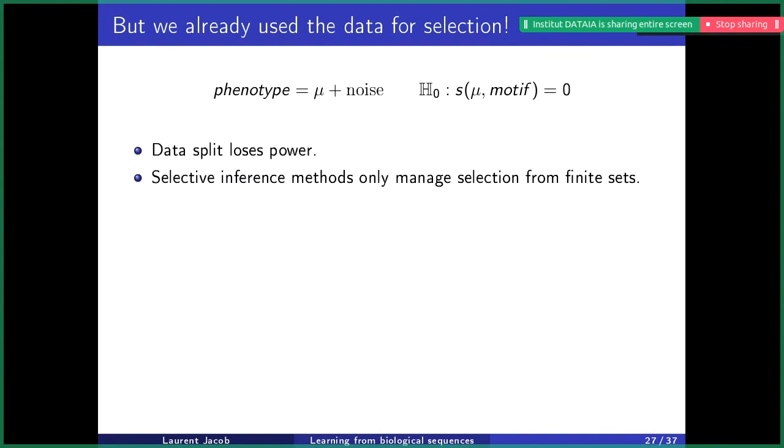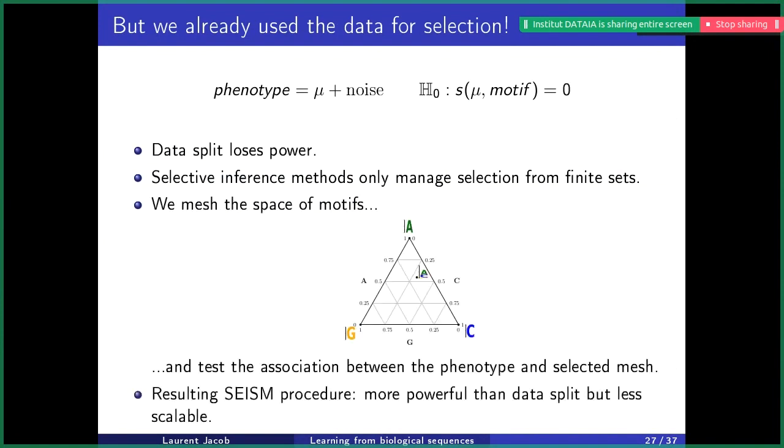And here, training the CNN is making a selection from an infinite set of motifs, if you want to think of it in these terms. So we did something very naive. We just meshed the space of motifs. It's a huge space in this case, but it becomes finite. Instead of saying I can have any point here between A, T, C, and G, in some 3 dimensions, we just repeat meshes.